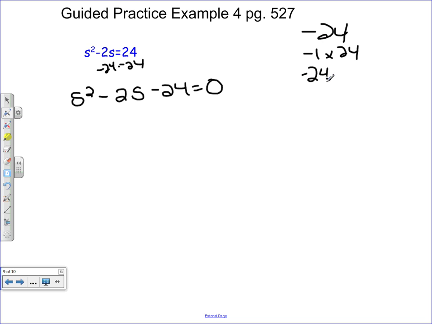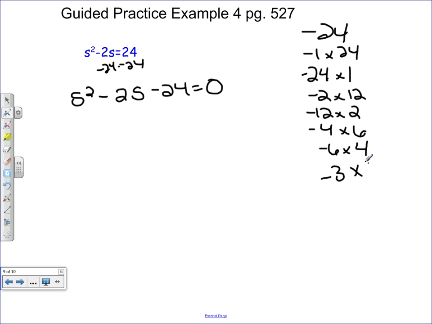Negative 24 and 1. Negative 2 and 12. Negative 12 and 2. Negative 4 and 6. Negative 6 and 4. And I don't think we're done yet. We still have negative 3 and 8. Negative 8 and 3.